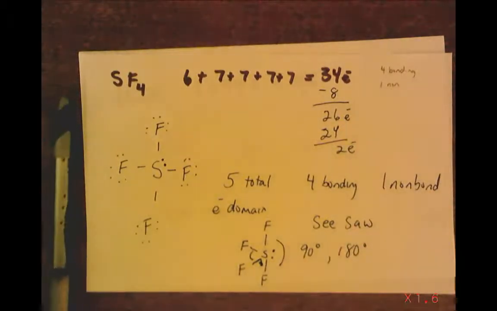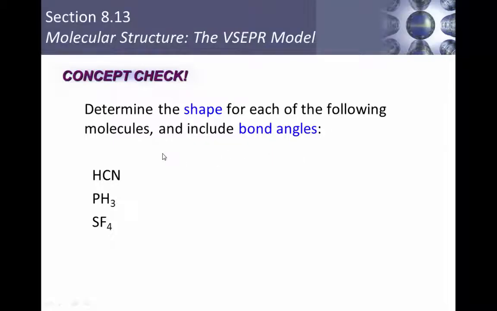Okay, so there's the examples from the concept check. Hydrogen cyanide, phosphorus trihydride, and sulfur tetrafluoride. Okay, so stop the video, try it, then I'll pull up the answers, and then I'll insert a video clip to show you how to get those answers.